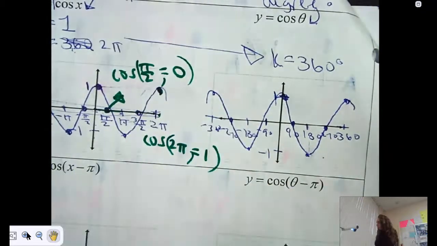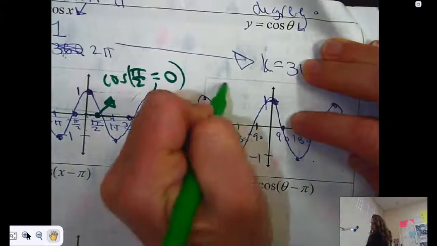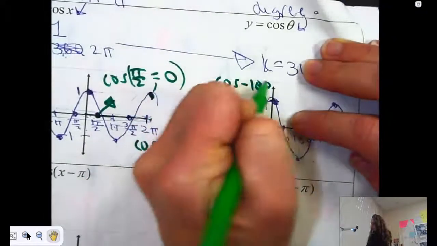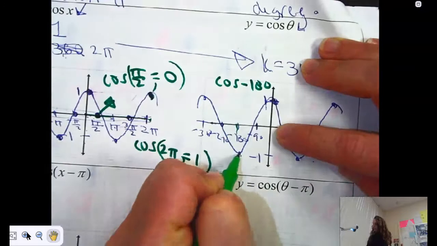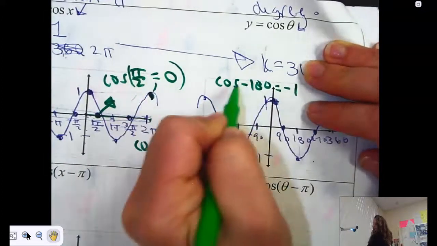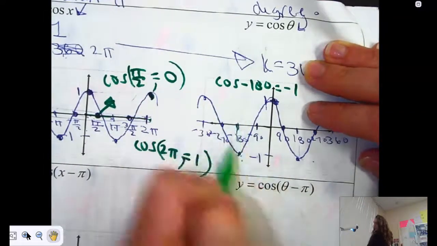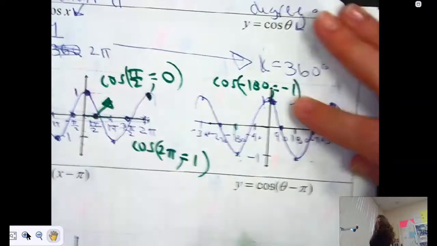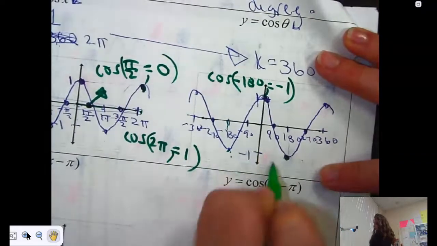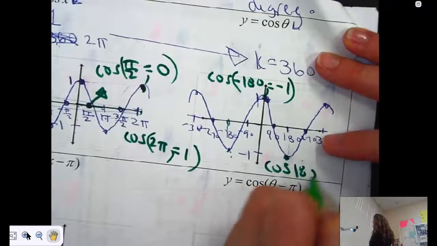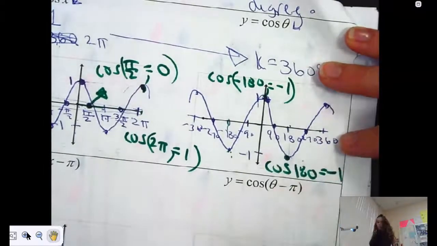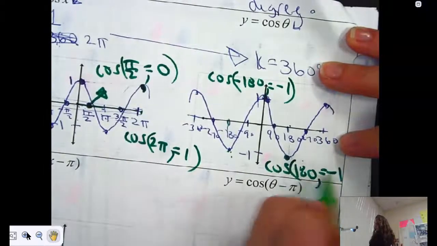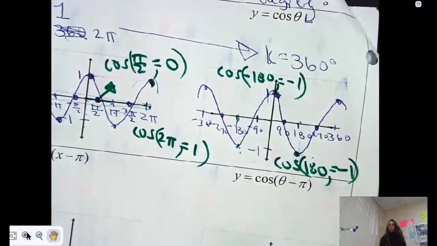If I asked you in your calculator to find the cosine of negative 180, it would be negative 1, because this is the value negative 180, negative 1. If I asked you to find the cosine of positive 180, it would also be negative 1, because this is the point 180 comma negative 1.